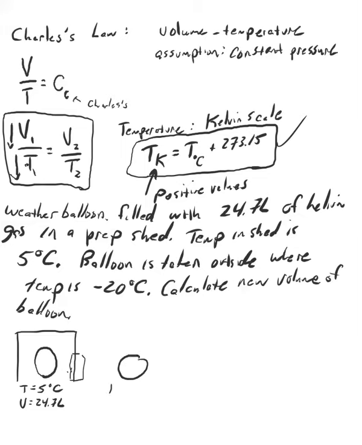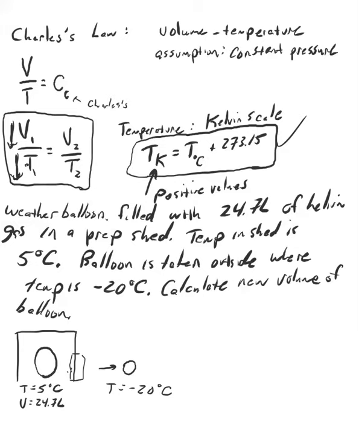And now the temperature is -20 degrees C. It got colder, right? Colder is a lower temperature. So if the temperature went down, that means the volume had to go down. So the balloon should be smaller, right? Now, I'm not going to claim it's a lot smaller, but it should be at least somewhat smaller. I think I exaggerated how much smaller it would be.